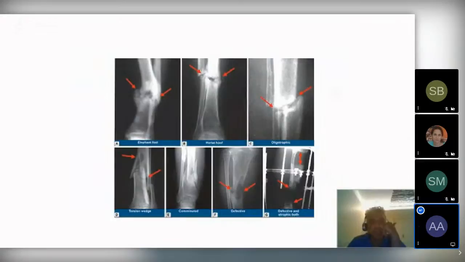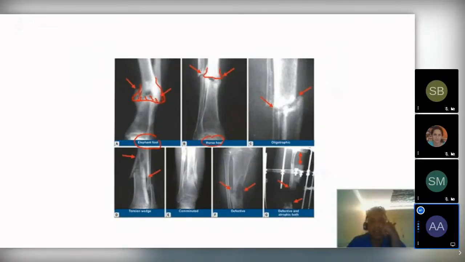Look at this, there is less callus. So based on the amount of callus they throw, they are classed as elephant foot. Look at this. It looks like an elephant foot, isn't it? This is a horse hoof, less than elephant foot. And oligotrophic.